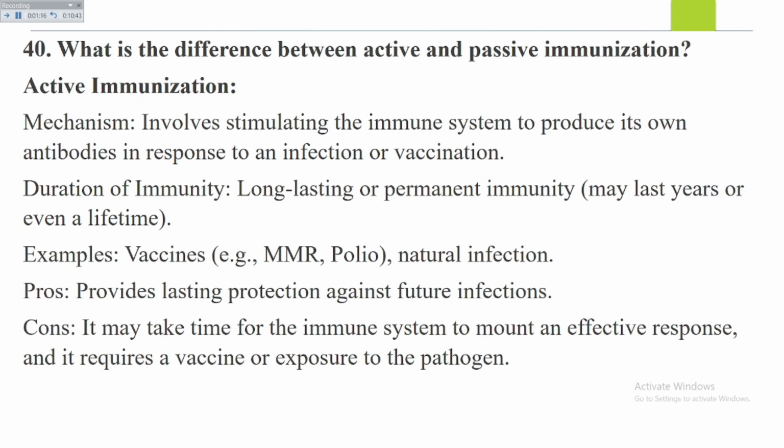This is the kind of active immunization, the vaccine which stays a long time within the body of an individual. The advantage is that it provides lasting protection against future infection. The disadvantage is that it may take time for the immune system to mount an effective response, and it requires vaccination or exposure to the pathogen.